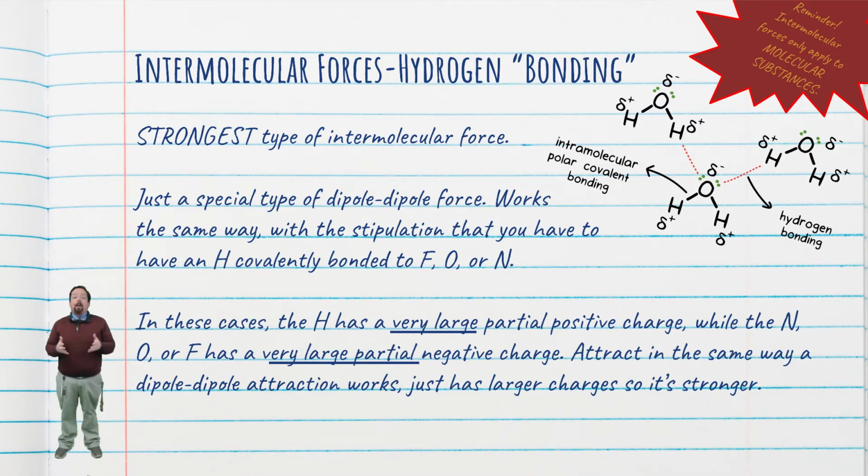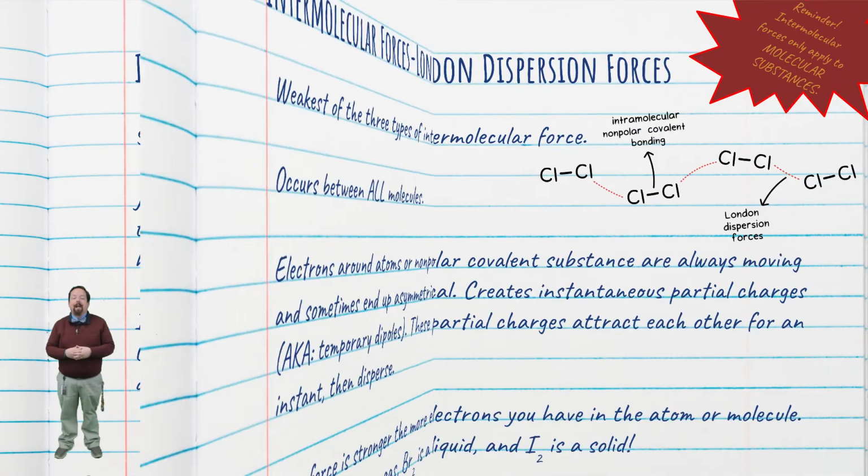These are the strongest of the three intermolecular forces, but still way weaker than any actual bonds or intramolecular forces. This is why water, H2O, has a boiling point that's way higher than H2S or H2Se. They all have the same shape and same kind of polarity, but the large electronegativity difference between H and O puts H2O in its own class of attractive forces.